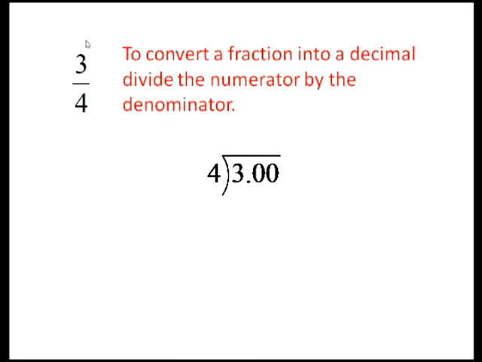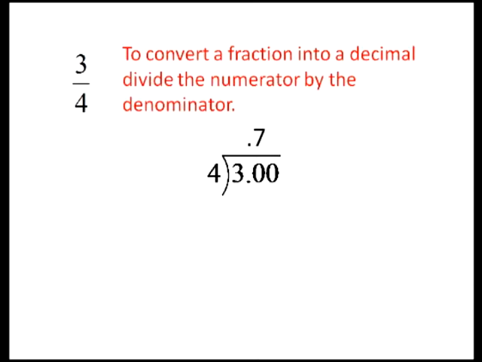Now, a lot of times our numerator is smaller, so it's a little bit different than other division. Okay, so 4 doesn't go into 3, it goes into 3 less than 1 time. So I want to say instead, does 4 go into 30? So I put a decimal there, and I put a couple of zeros. So 4 goes into 30, that's true.